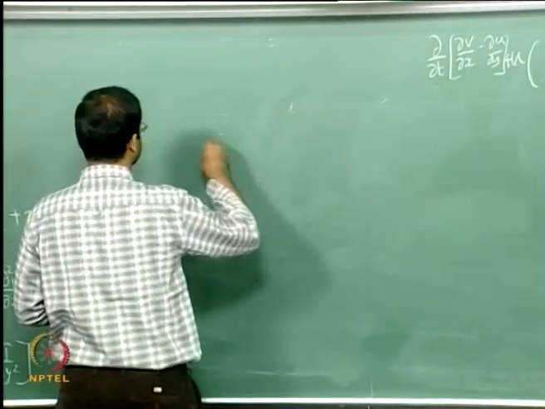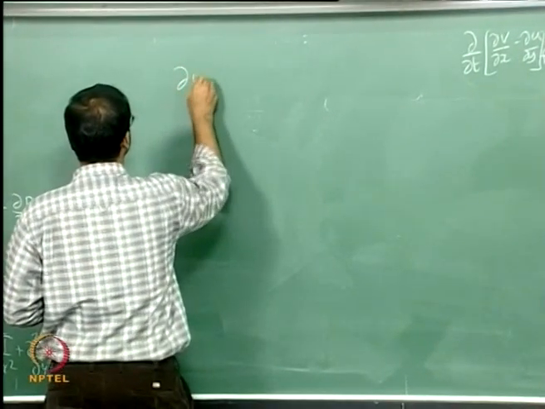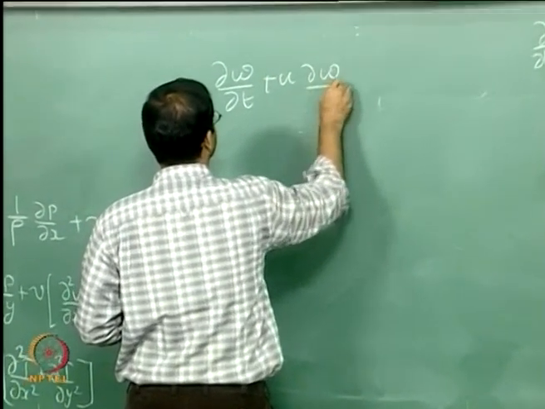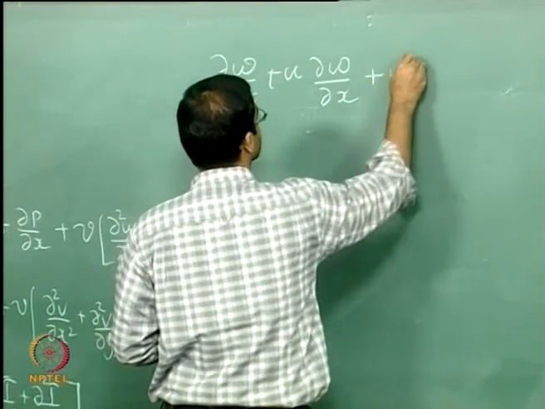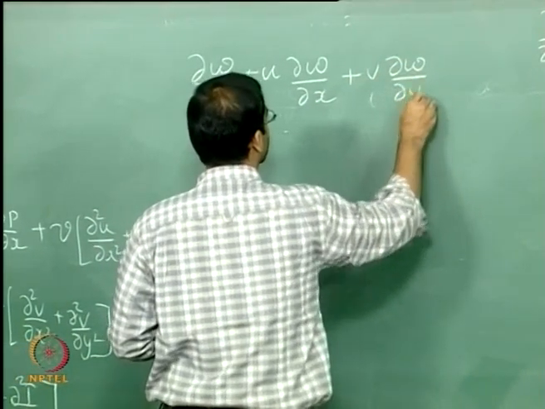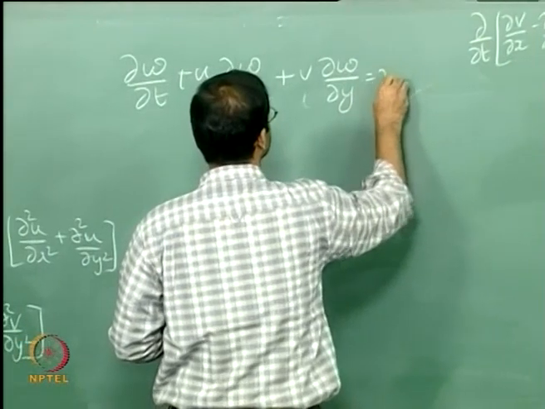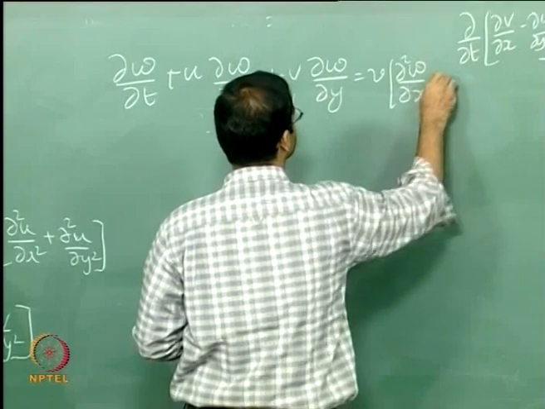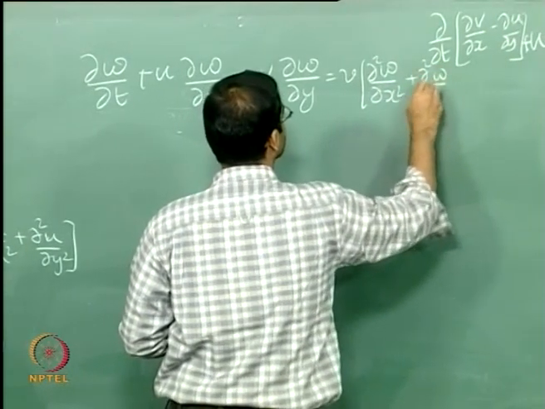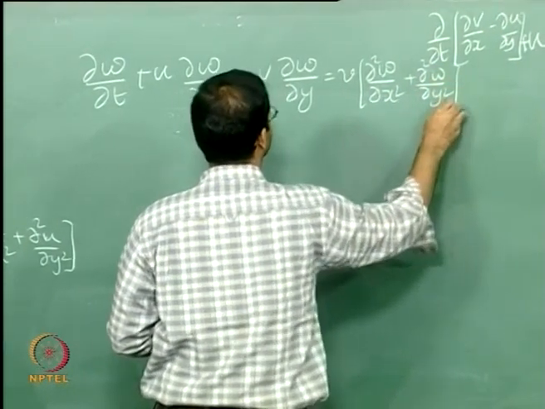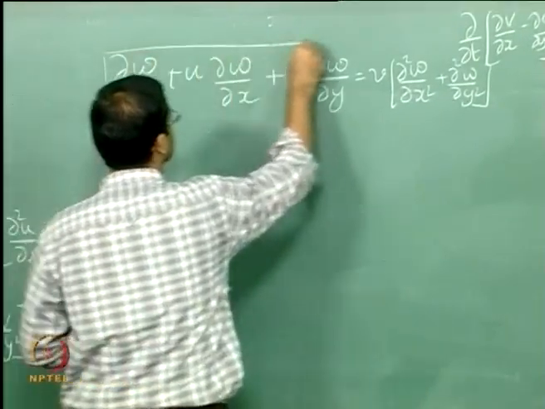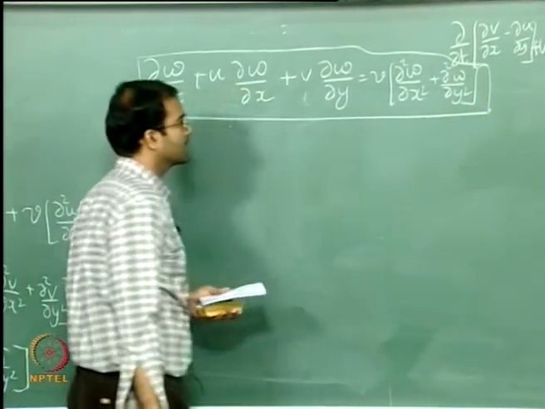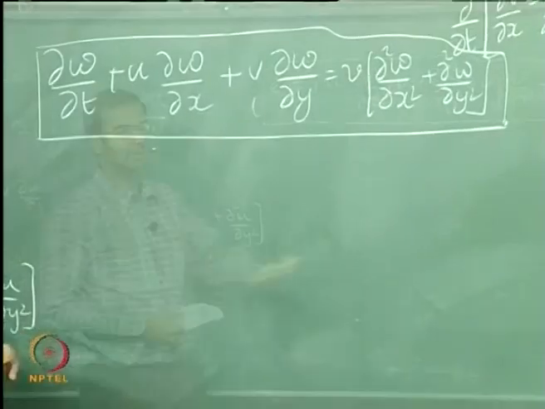Therefore I am going to substitute in terms of vorticity, so this will be d omega by dt plus u d omega by dx plus v d omega by dy should be equal to nu into, so this is my governing equation for vorticity, okay, or you can also say that this is the vorticity conservation equation.